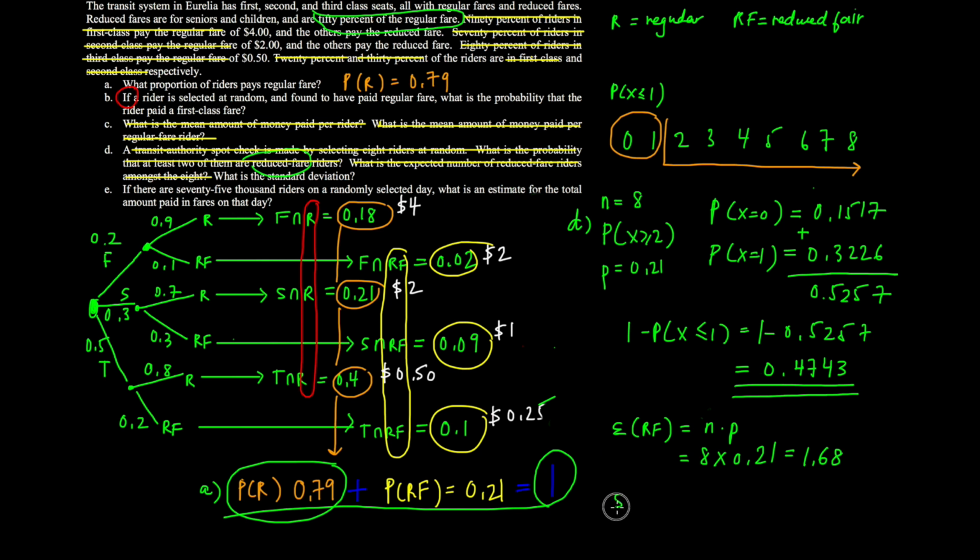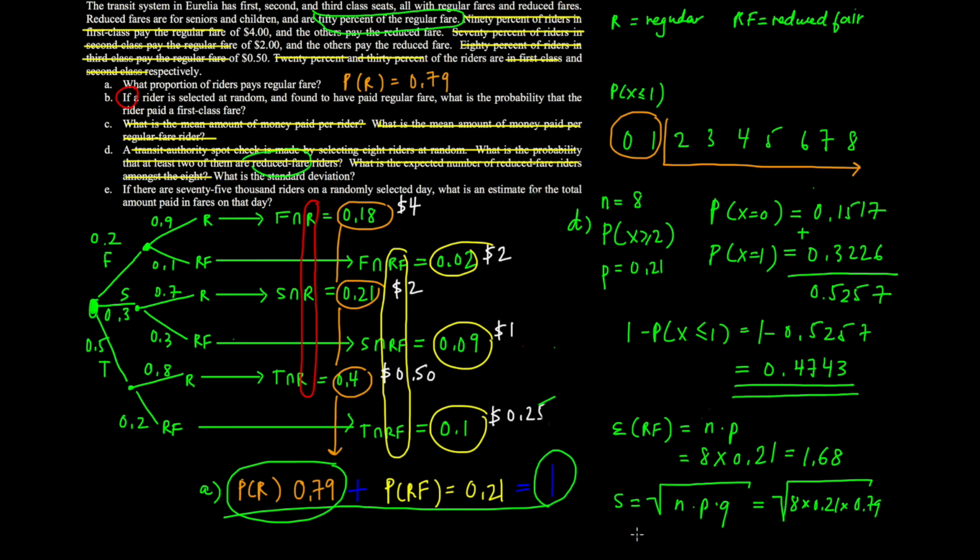We know that the standard deviation is simply the square root of n times p times q, for the n that we're solving for, not that we obtained, but for the n that we're solving for, is what I meant to say. So we're going to do 8 times 0.21 times 0.79.